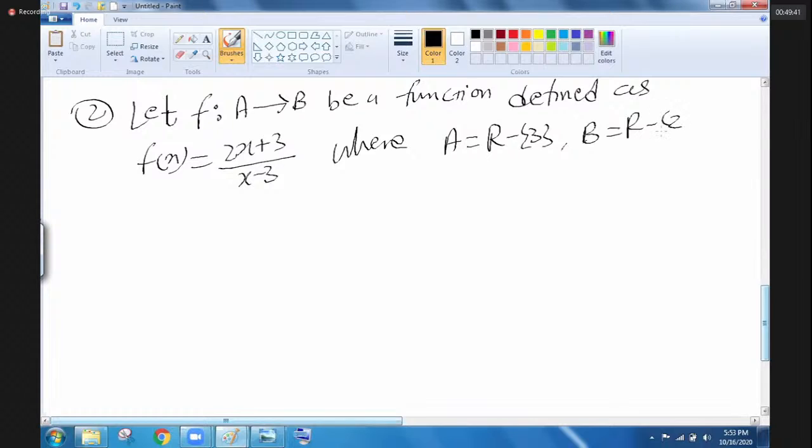Can anybody tell me what R is here? Is the function f one-one?